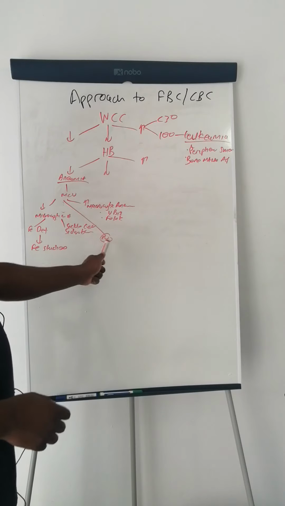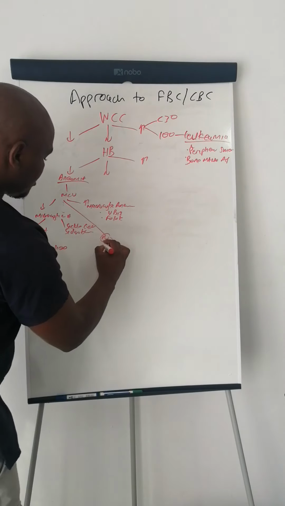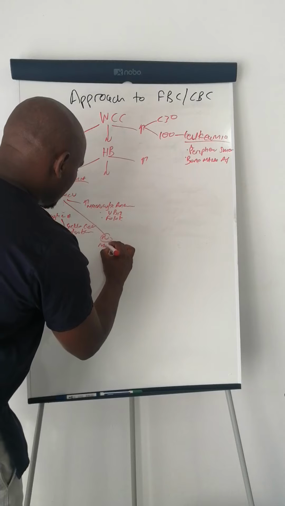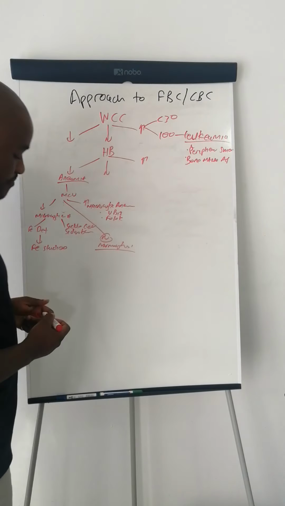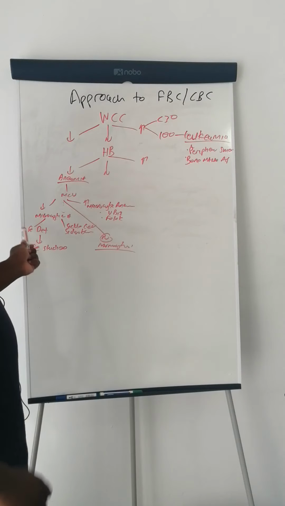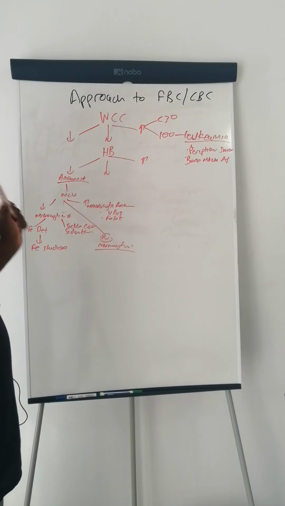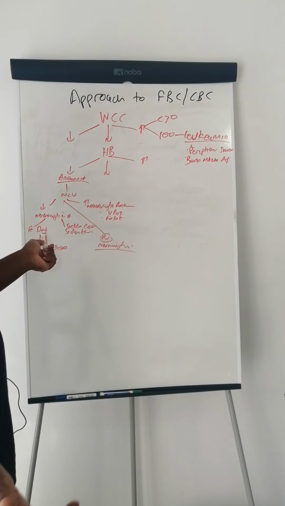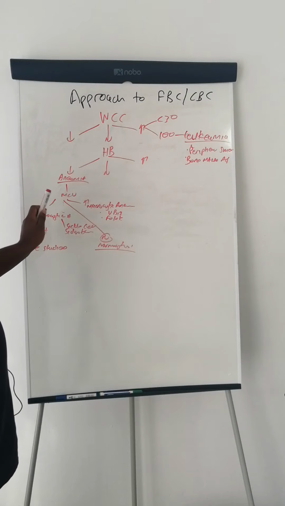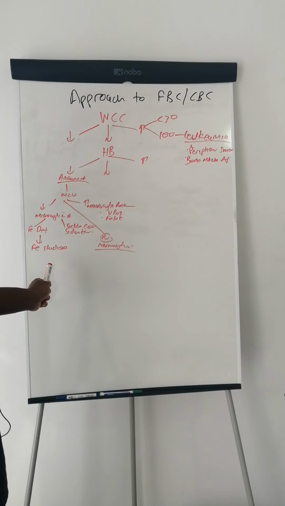Okay, so when you look at this, this is a normocytic anemia. Anemia of chronic disease also has got small cells like microcytic anemia. So that's the anemia story.